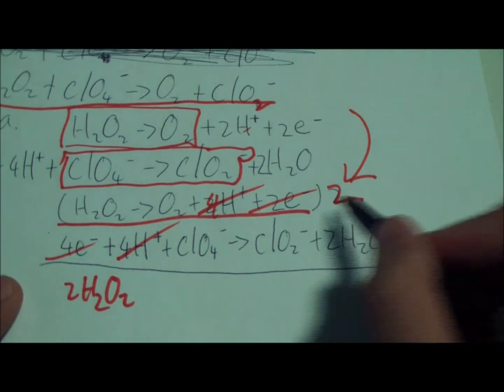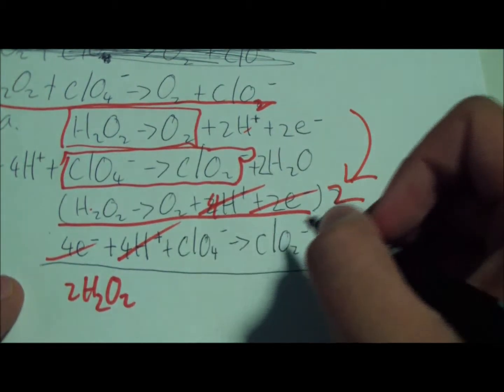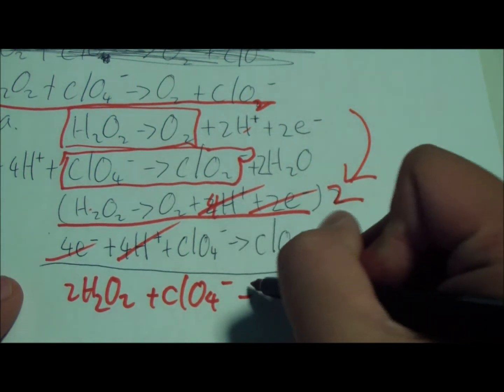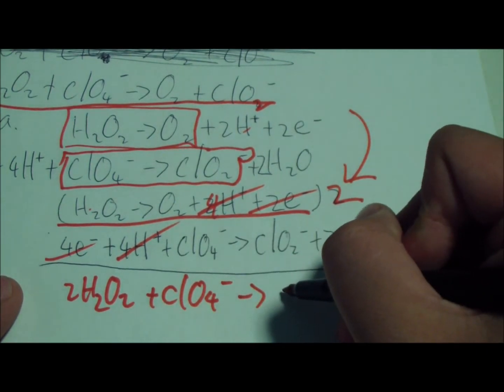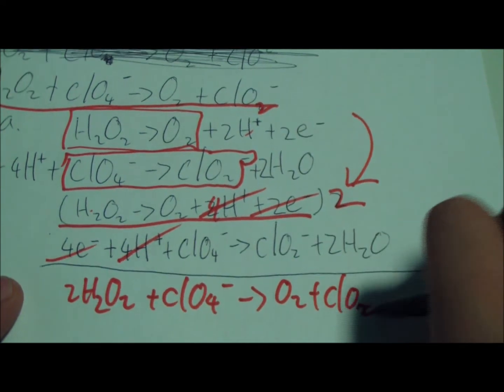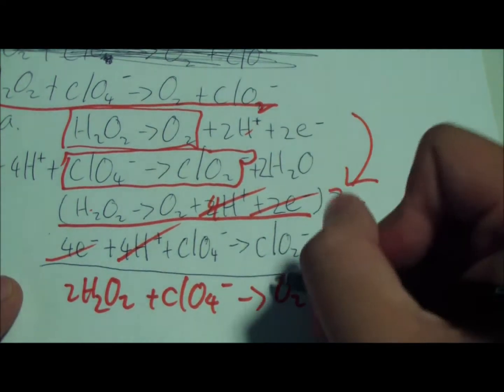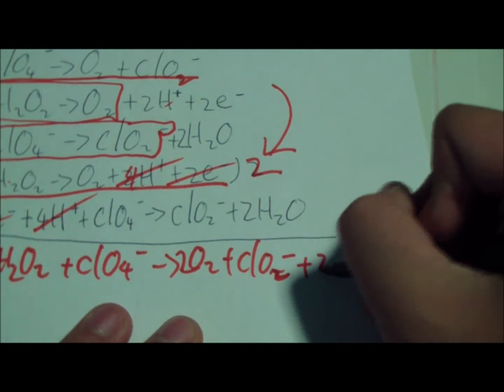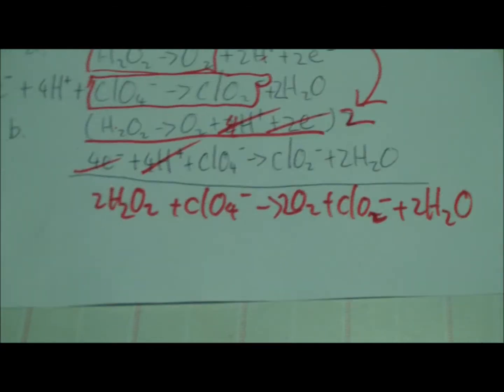No, that's it. So plus ClO4 minus, and then O2 plus ClO2 minus plus 2H2O. Okay, that'll be my answer.